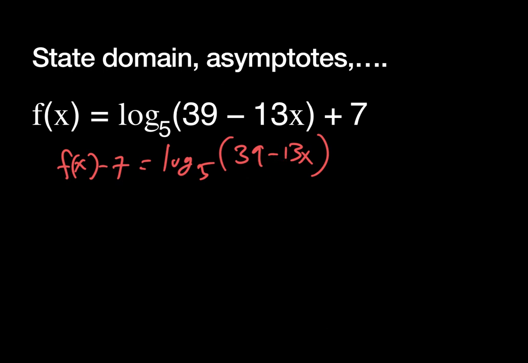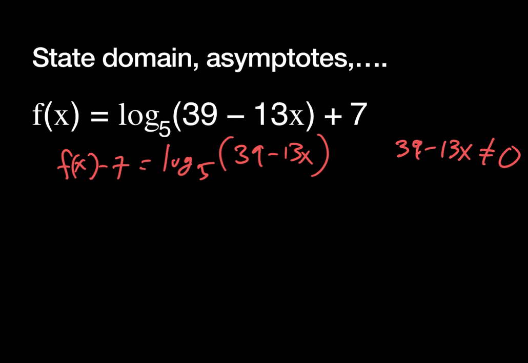Okay? If I take 5 to a power, any power, what can that never be? It can never be 0. So 5 to some power can never be 0, which means that 39 minus 13x cannot be 0.